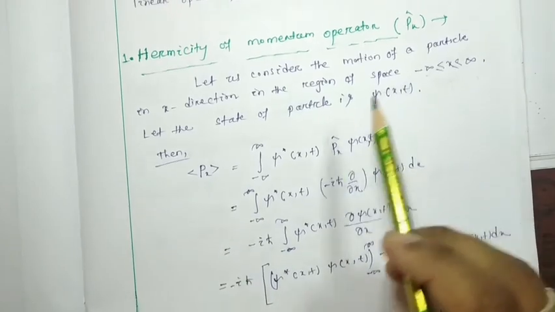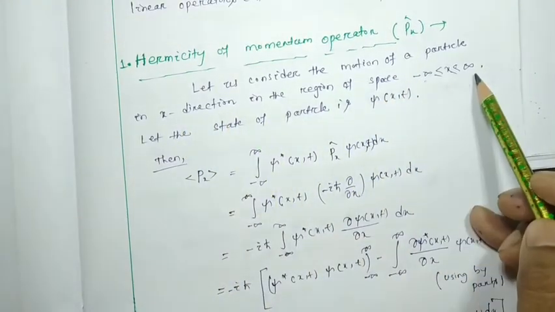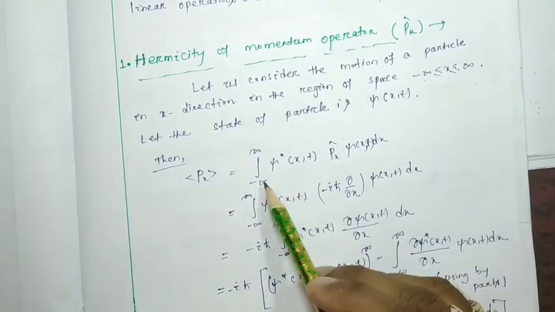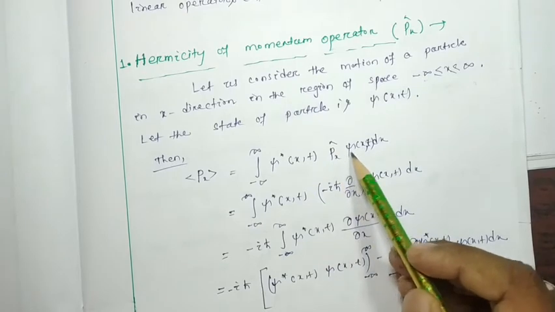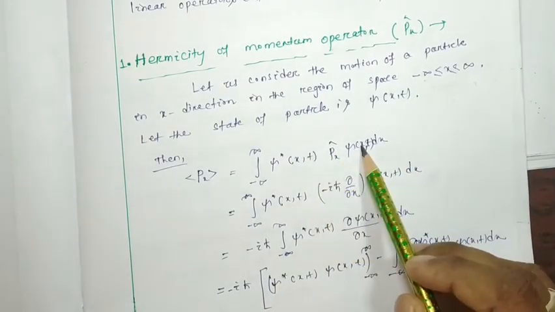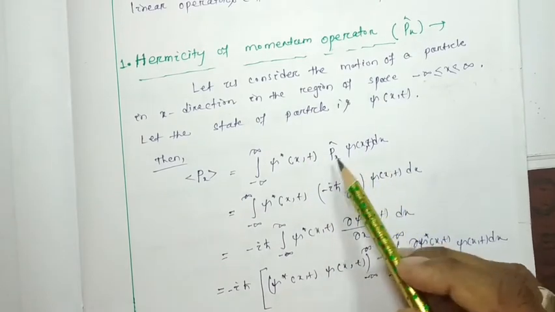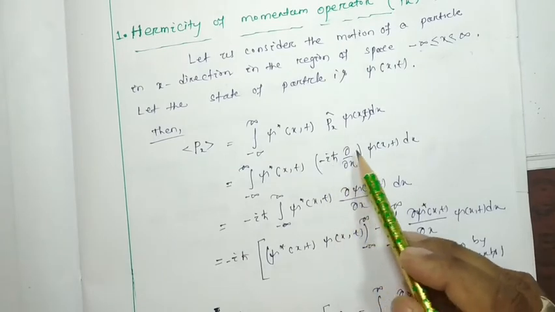Now we have to consider the expectation value in coordinate space of the momentum of a particle moving along the x-axis in the range minus infinity to infinity. That can be written as the integral from minus infinity to plus infinity of psi star (x,t) px psi (x,t) dx. As it is in coordinate space, the momentum operator px cap will be minus i h cross del by del x.